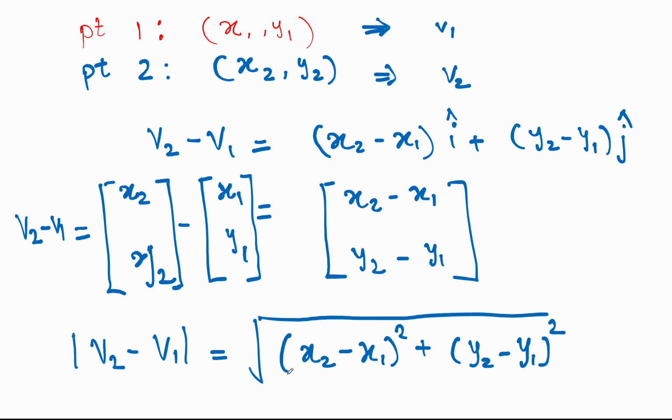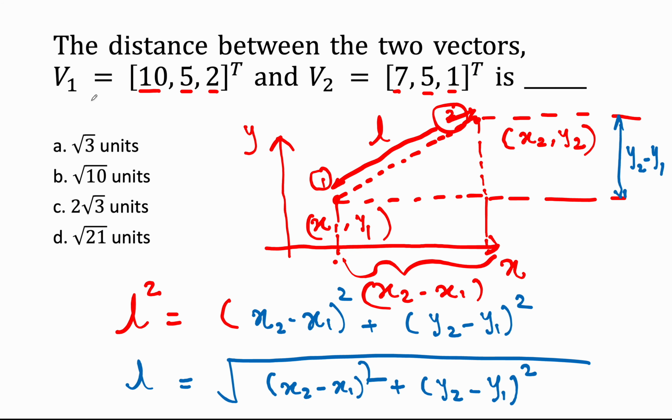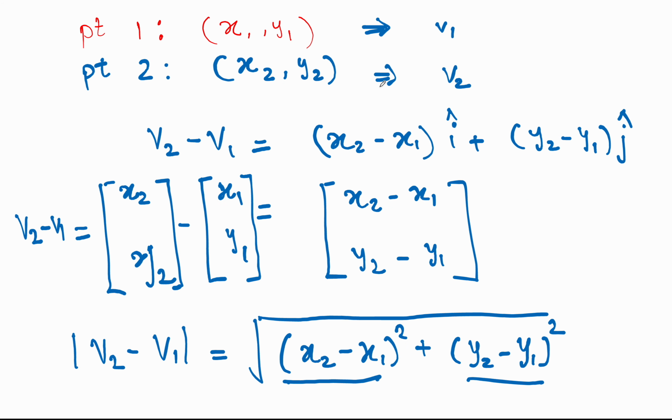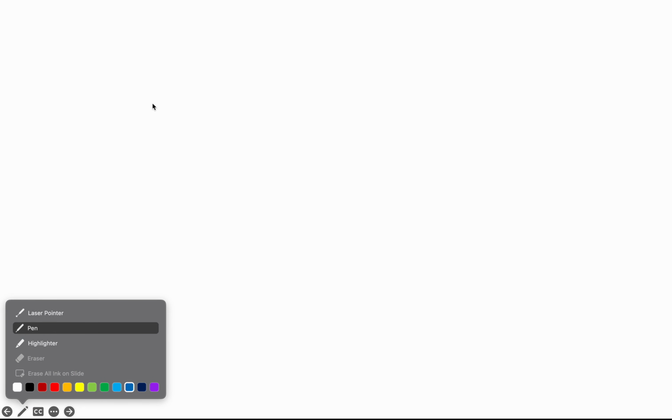So we can see that if we take the vector subtraction and find its magnitude, that is nothing but the distance. So we have two vectors, we do the vector subtraction, and we take the magnitude of that, which will give the distance between these two points pointed to by these two vectors.